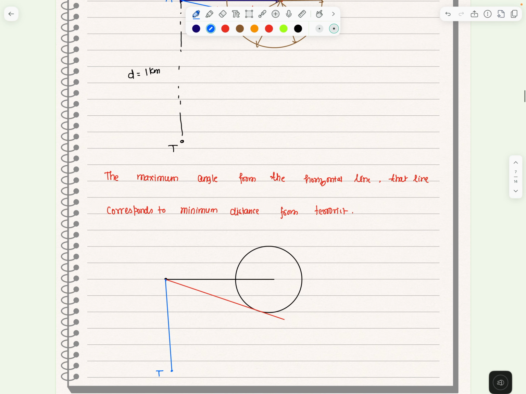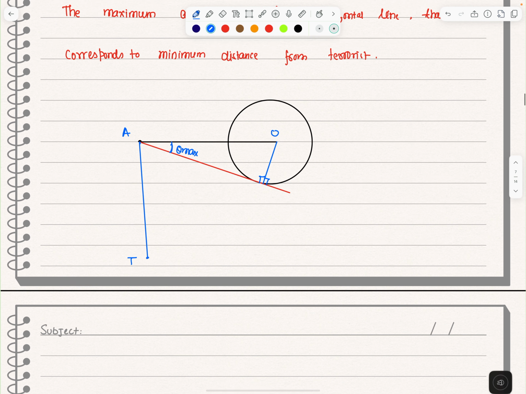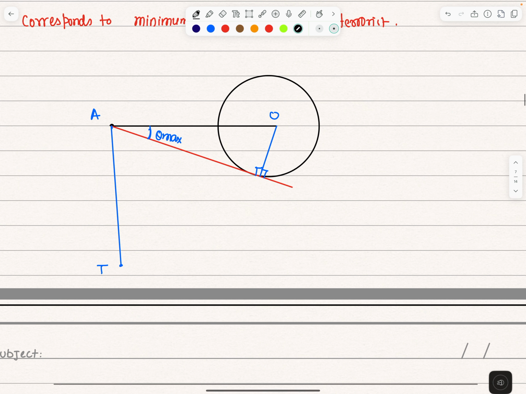This I have denoted by A. This is my O. This is the perpendicular. And this I said theta max. Correct? Now let's find theta max from here.